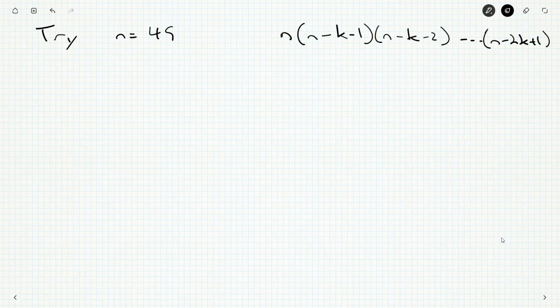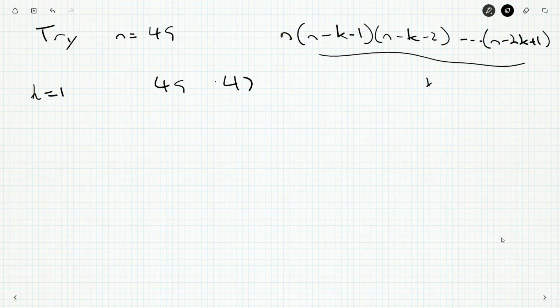I just need to find a 41 up here, and that would at least be one situation that works. So if k is 1, we're not going very far here. K is 1, we get 49 times 47, and there's k minus 1 here. So we actually have to have k at least 2.